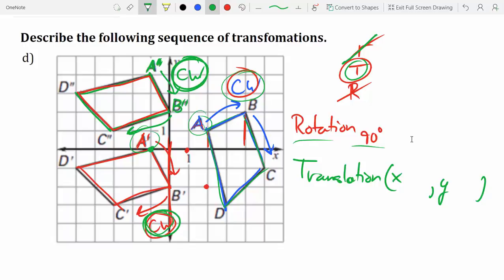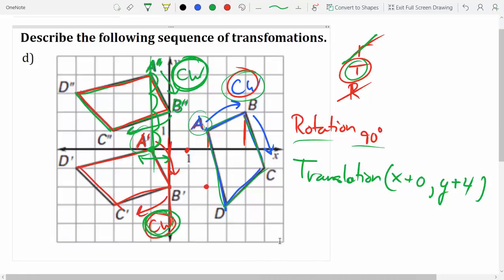And I'm just going to pick A, and I'm going to count boxes. In the X, I don't move horizontally. I move nothing. So you could just leave it X, or you could say X plus 0, whatever. But in the Y, I'm going up 1, 2, 3, 4. I'm going positive 4.